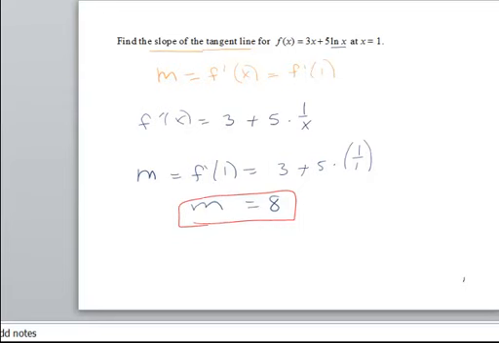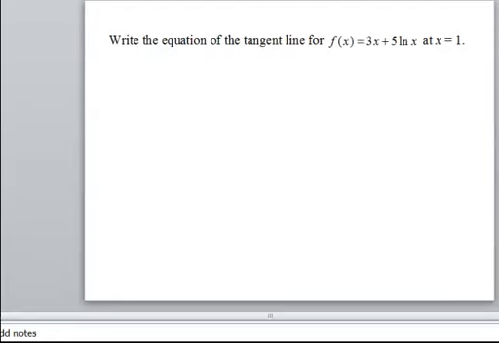Okay. Our next question, very similar, but this time we're asked to write the equation of the tangent line, which is the same function, and passes through that point there. So remember, to write the equation of a line, we're going to start with point slope form, which is y minus y sub 1 is equal to the slope times x minus x sub 1.